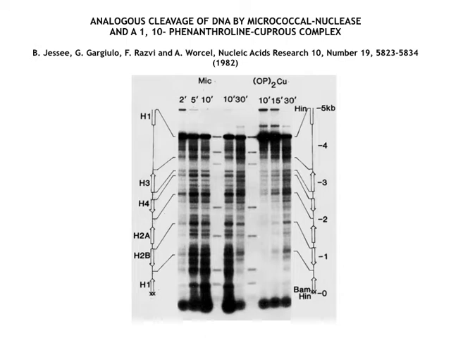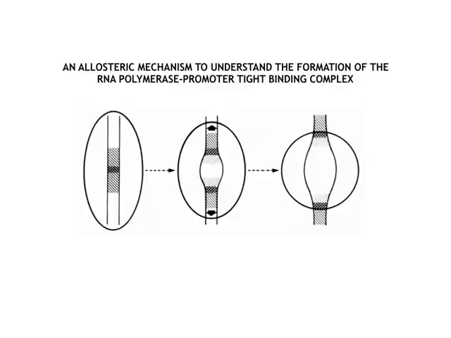Taken together, these data indicate the presence of premeltons at the beginning and ends of genes, playing a key role in determining the initiation and the termination of DNA transcription. Their presence immediately suggests an allosteric mechanism that underlies the formation of the RNA polymerase promoter tight binding complex.